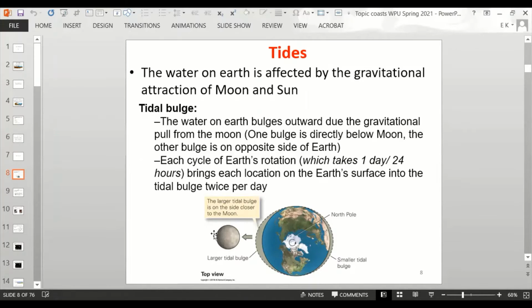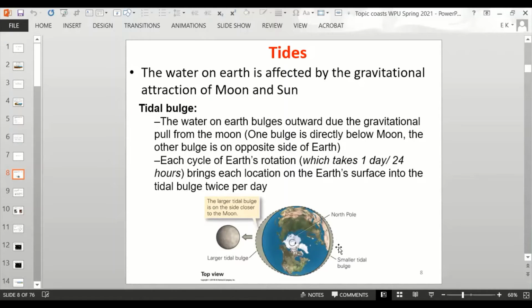So here is the moon, and the moon revolves around the Earth. And we know that the Earth rotates, and those actions are important for our tides. So the water on Earth will bulge outward toward the moon due to gravity.